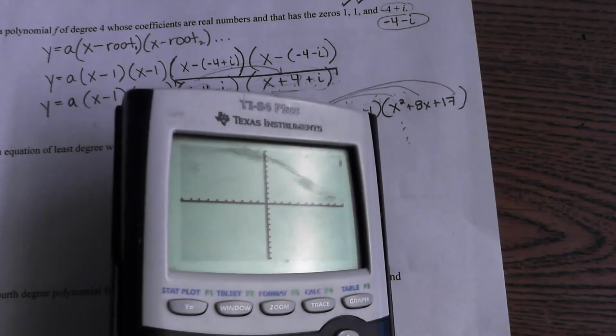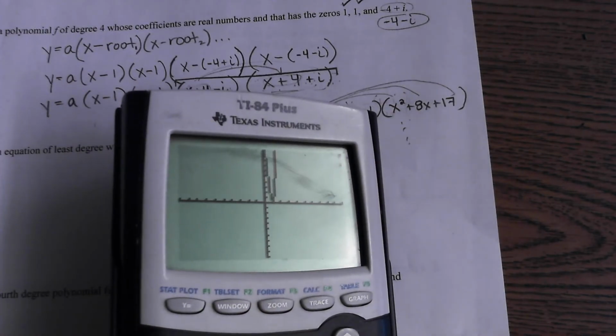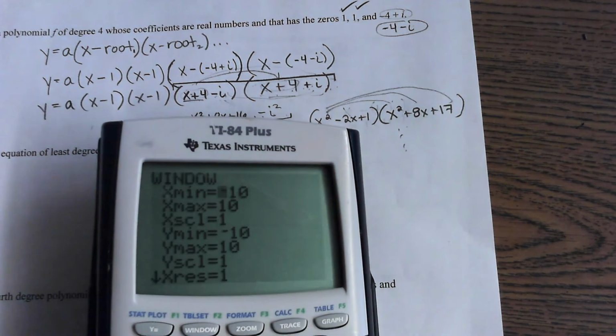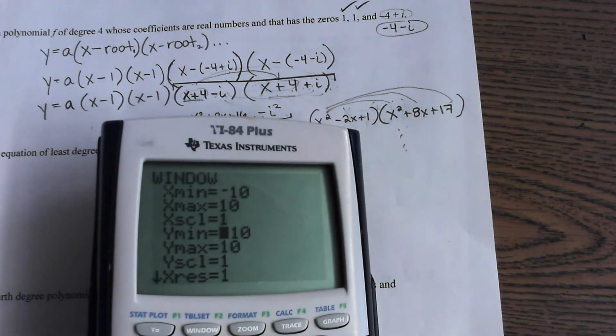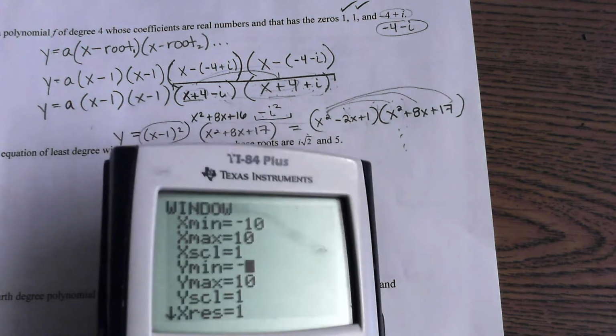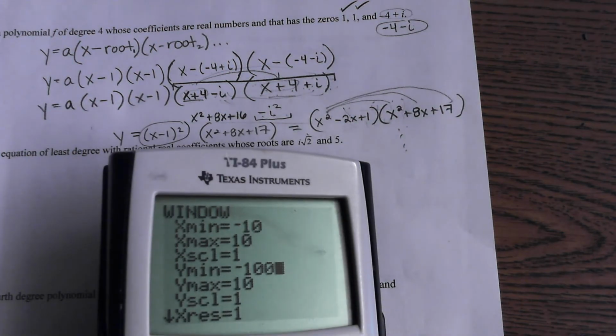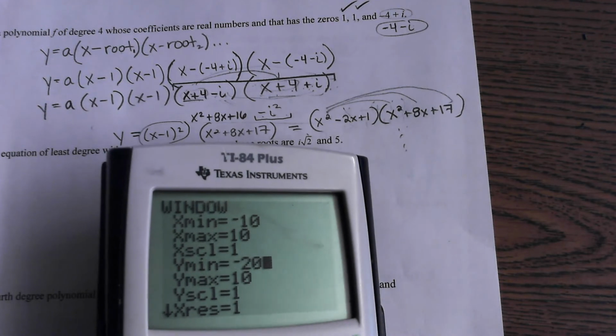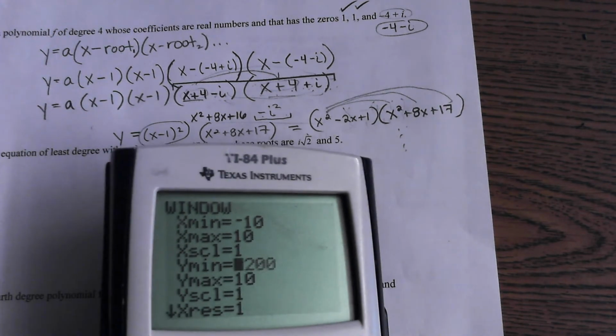I'm starting with negative 10 to 10. I don't know if it's going to be big enough. It's not big enough. Maybe it is. I'm going to go to negative 20 to 20. Oops, I don't want to do that.